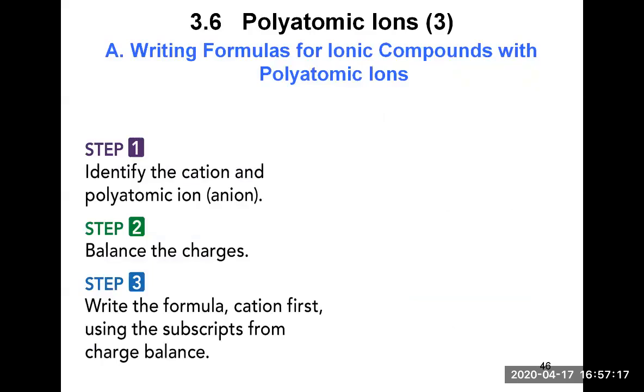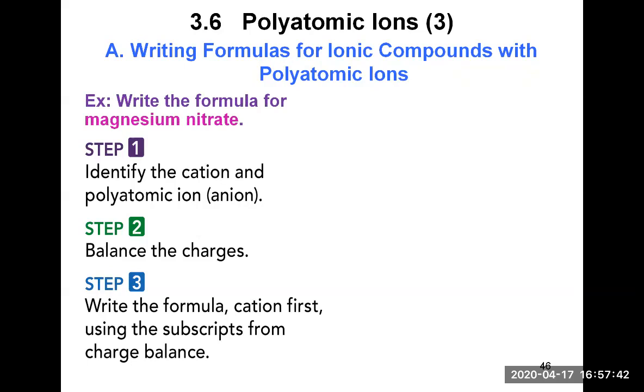So we will learn to write formulas for ionic compounds that contain polyatomic ions. Let's use an example to learn this, and we will write the formula for magnesium nitrate. So we have the name magnesium nitrate, and from this, we need to find out the formula of that compound.